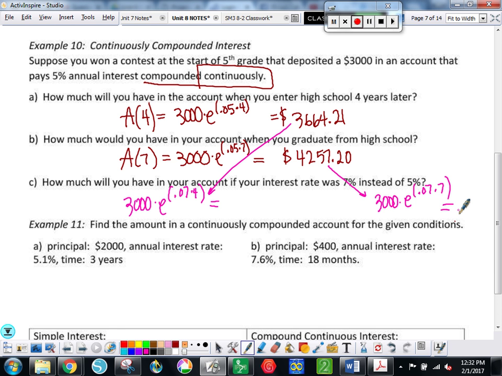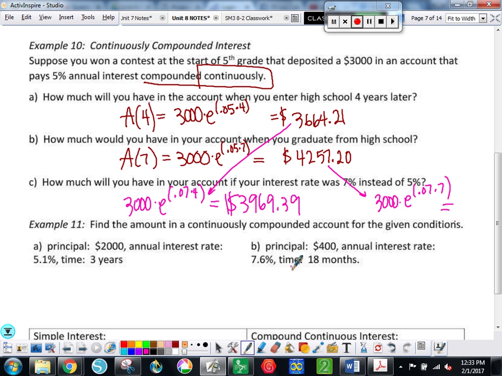What do we get here? Okay, what's this first one? 3,969.39. So having 2% more interest, I earn $300 more.